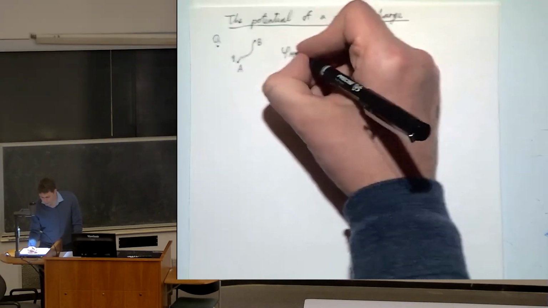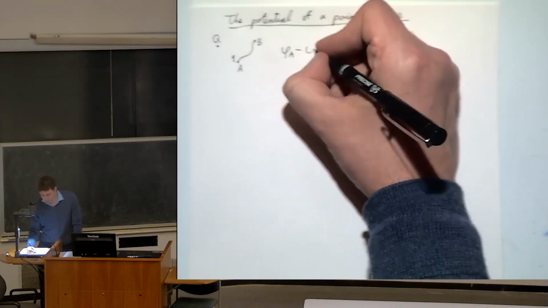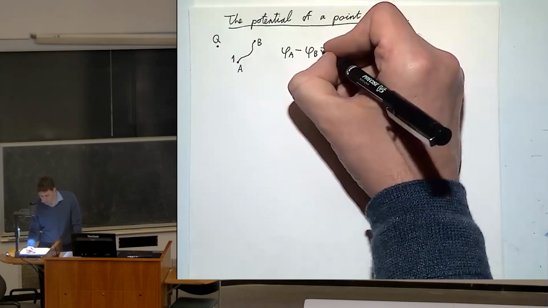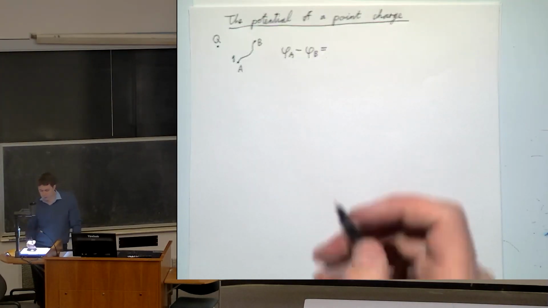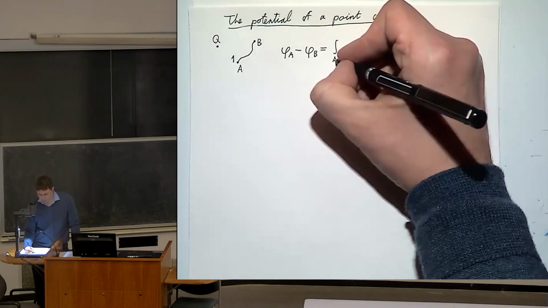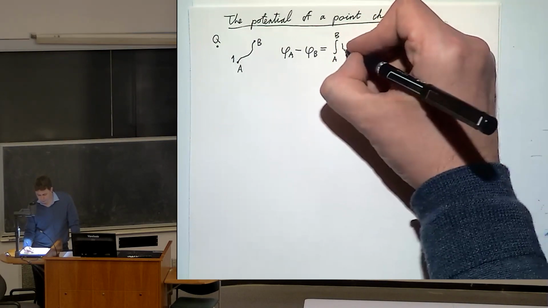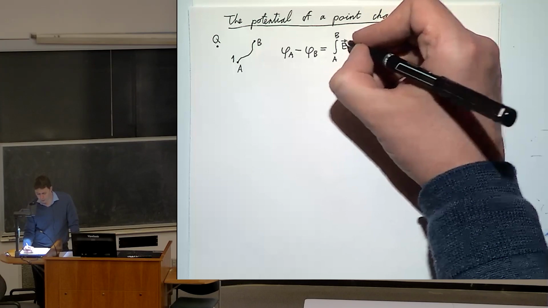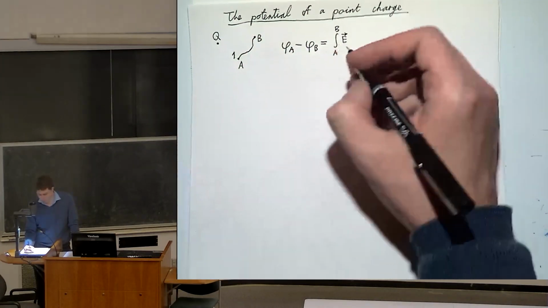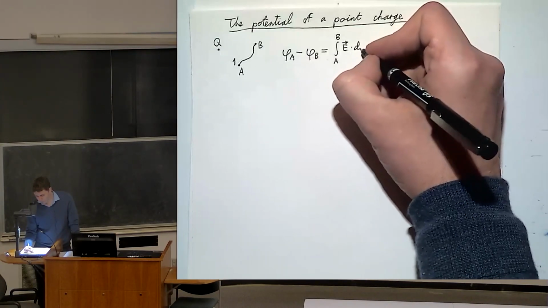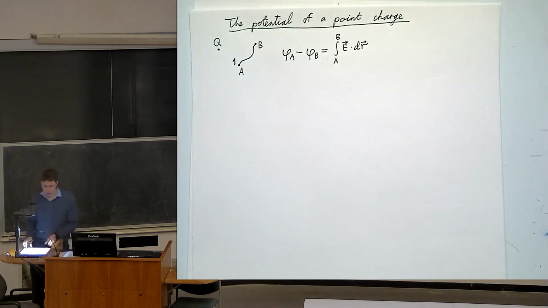The potential difference between points, phi A and phi B, is going to be given by the integral of the electric field created by this charge Q, dr.